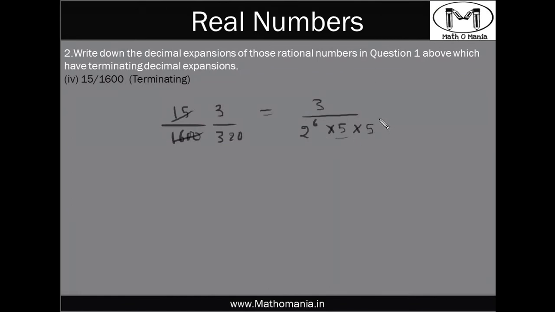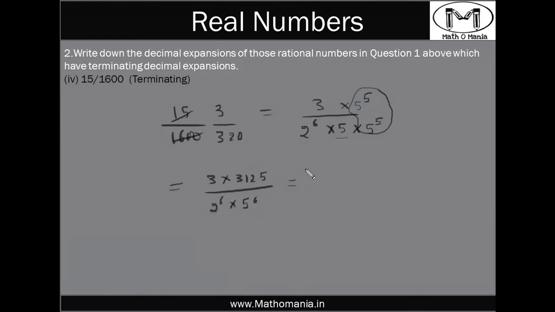We need to multiply it by 5 more 5s, so we need to multiply the numerator as well by 5 more 5s, right? So this will nullify the effect. Okay, so in numerator we'll have 3 into 5 raised to power 5, that is 3125, and in denominator we have 2 raised to power 6 into 5 raised to power 6.